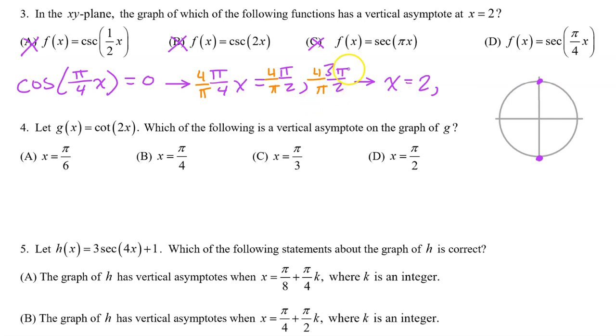Next, these pi's cancel each other out, leaving 4 times 3, which is 12, divided by 2, which is 6. So, we just found that this function has vertical asymptotes at x equals 2 and x equals 6. We were looking for the function that has a vertical asymptote at x equals 2, and we have found it. So the answer is D.